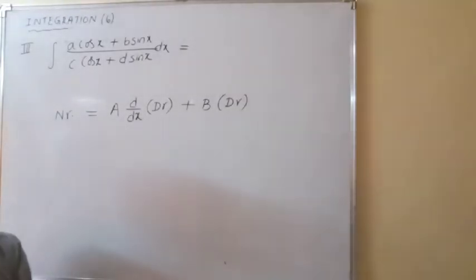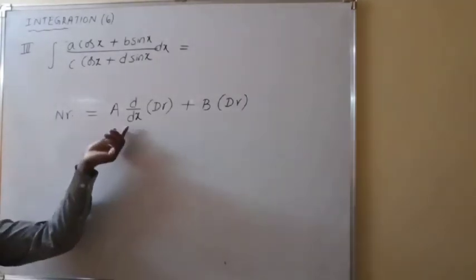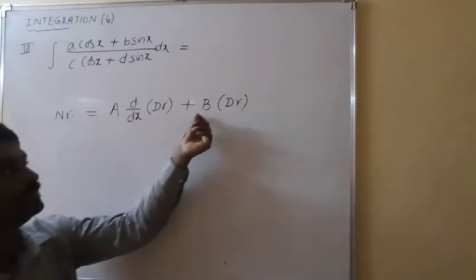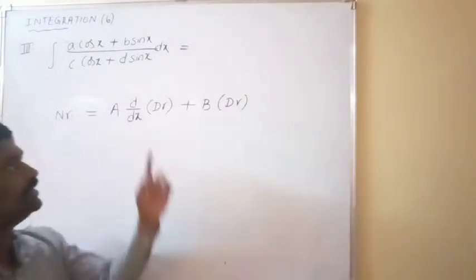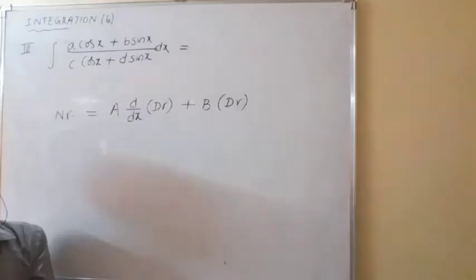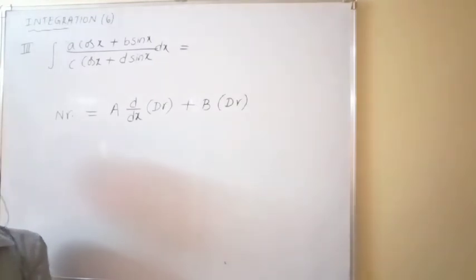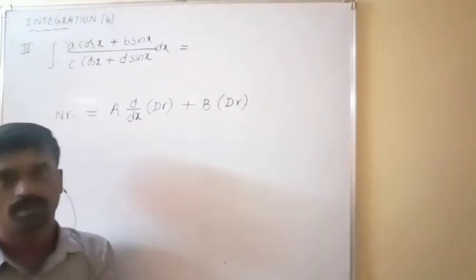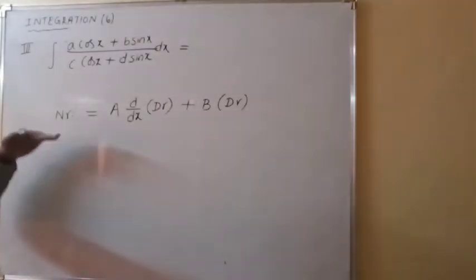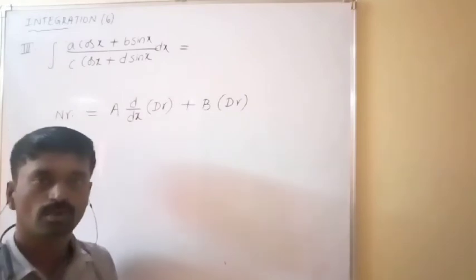So the method is, the numerator we have to express in the form of capital A into d by dx of denominator plus capital B into denominator. So dr means denominator, nr means numerator. Here capital A and capital B are unknown constants. We have to find capital A and capital B values. How can we find them? Equate the sin x coefficients and cos x coefficients on both sides.